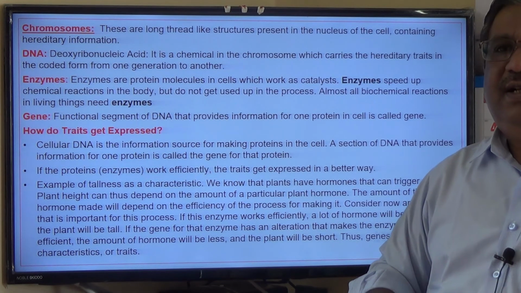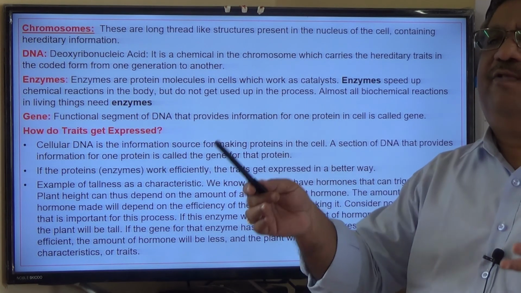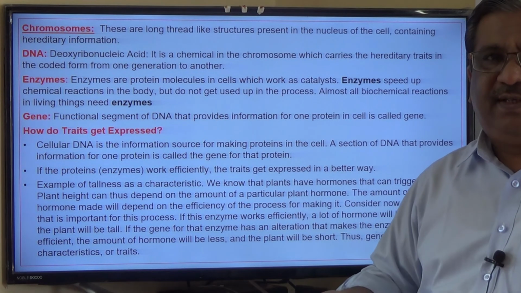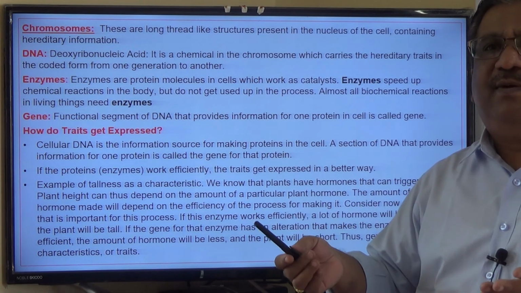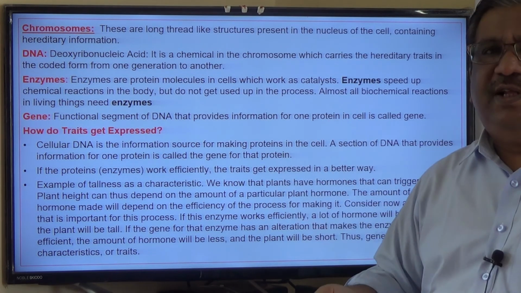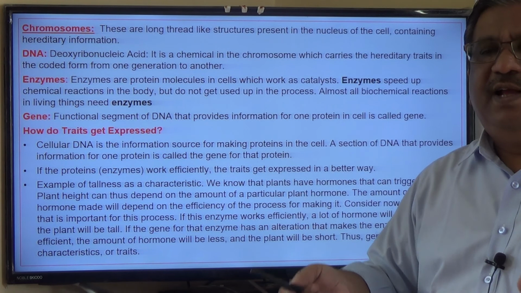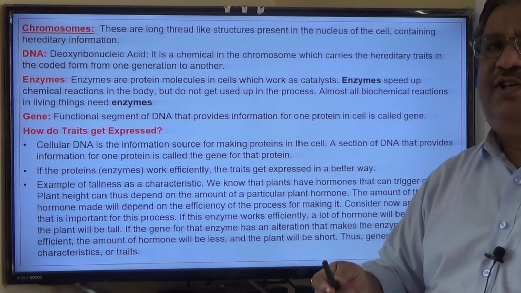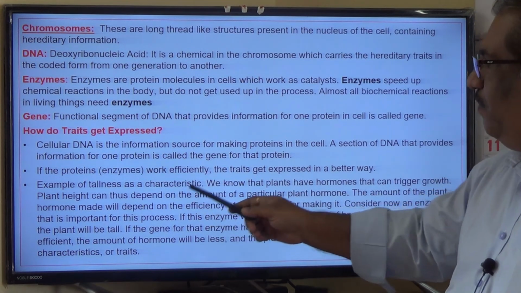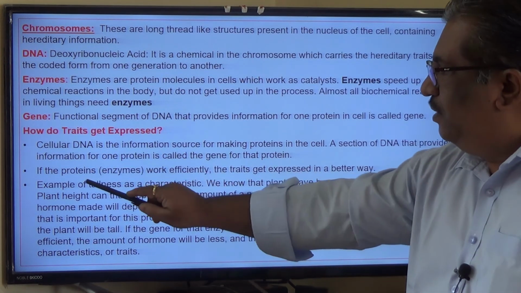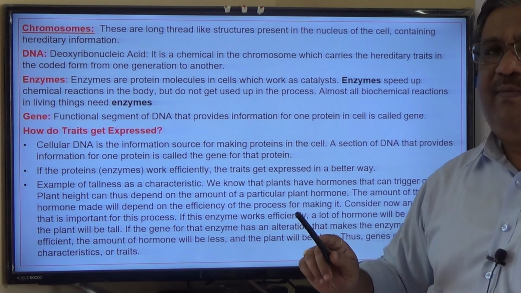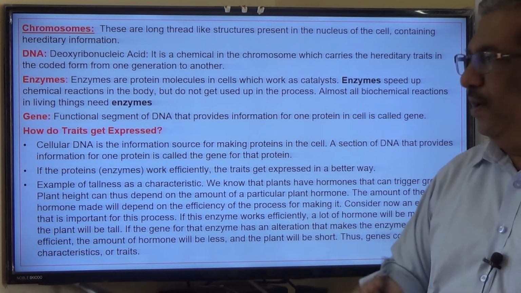That means the gene decides what kind of protein is to be made, and the proteins decide the body features. So proteins will control the structure of the body. If there is a variation in the body design, then the proteins are different. If proteins are to be different, the gene for that protein should be different. So indirectly we can say one gene is responsible for making one particular kind of protein.